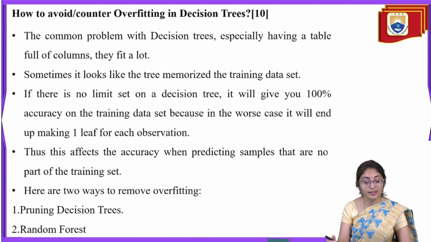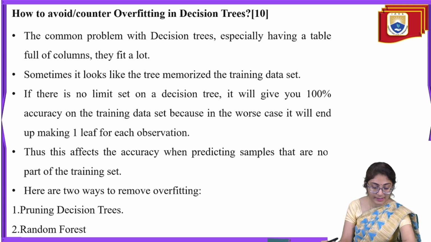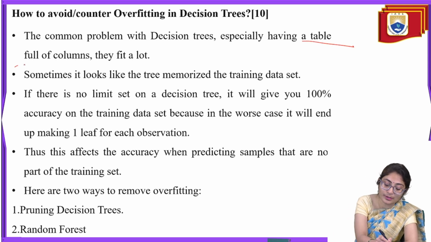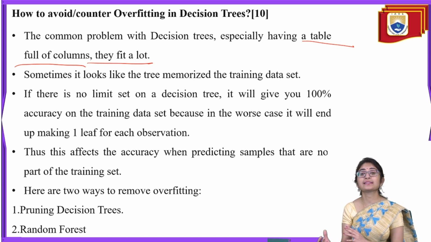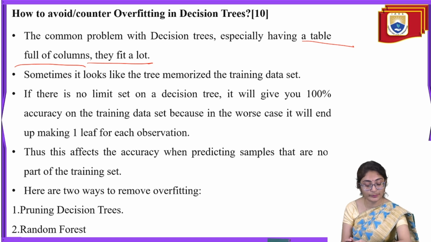Now, how to avoid or counter overfitting in the decision tree? The common problem with the decision tree, especially with a table full of columns, is that they overfit a lot. Sometimes it looks like the tree memorizes the training data set.